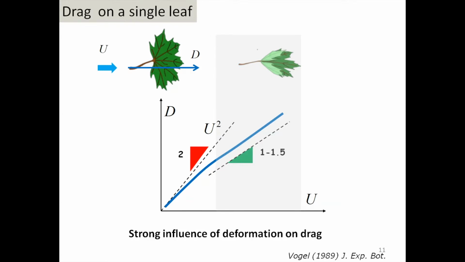And he noticed that the increase of drag with velocity was not following the U squared law. For some parts it was, and then it shifted to a different kind of power law, more like U to the 1 or 1.5. That appeared when the leaf started to deform strongly, so he called this reconfiguration.